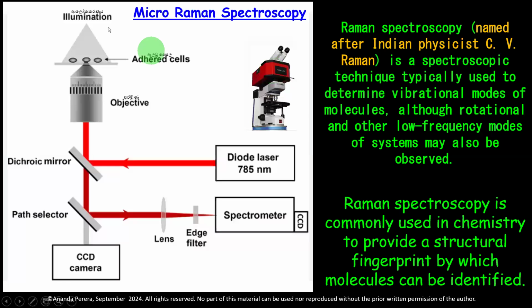Then what is this? Micro Raman spectroscopy. Raman spectroscopy without the micro, we have inside Sri Lanka. But micro Raman we don't have in any place in Sri Lanka. This is the apparatus. It is very expensive.